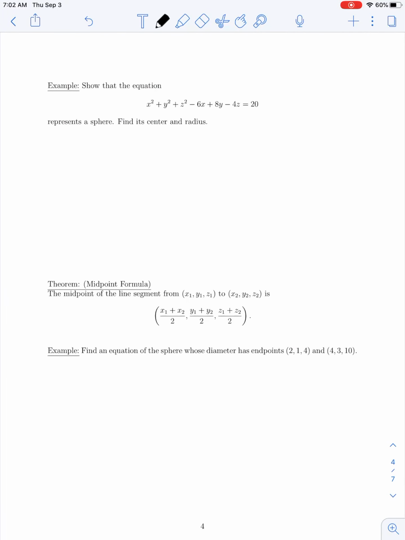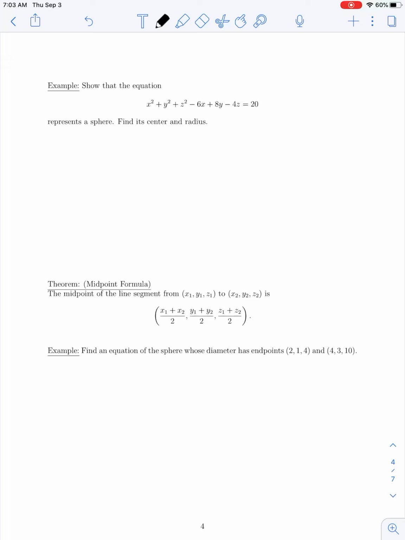So let's look at another one. In this next example, we're given some quadratic equation in terms of x, y, and z, and we're asked to show that this equation represents a sphere and then find its center and radius.